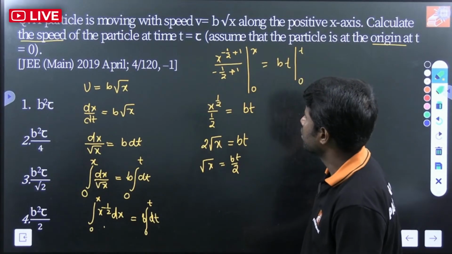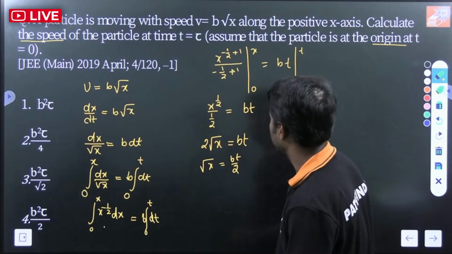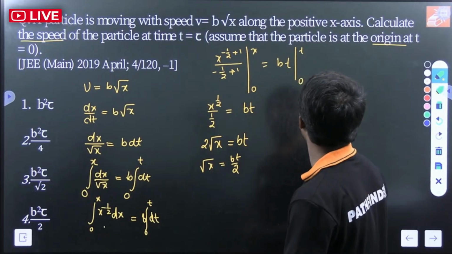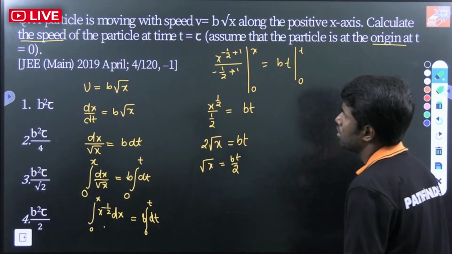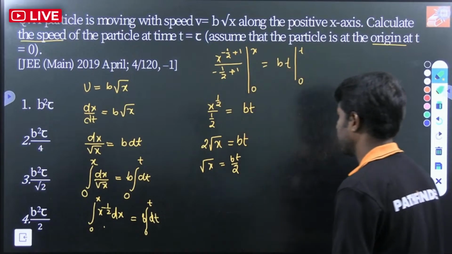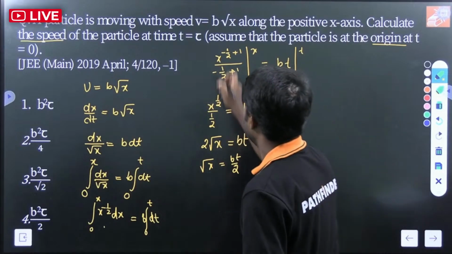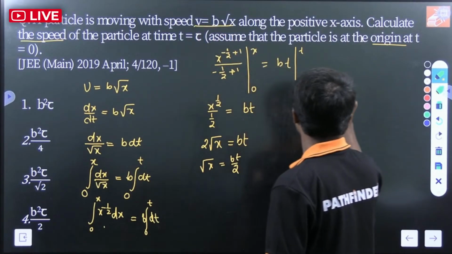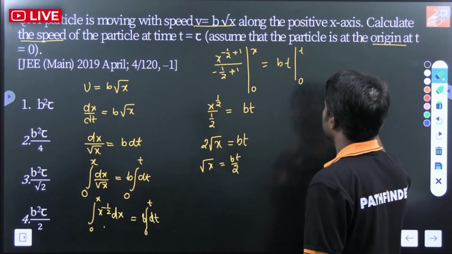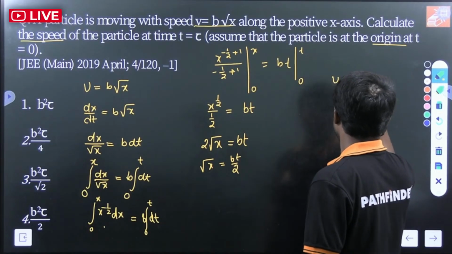Now they said that the particle time is tau. So now we can put time tau; they are asking for speed again. The speed equation will give you that: speed equal to b into root x.